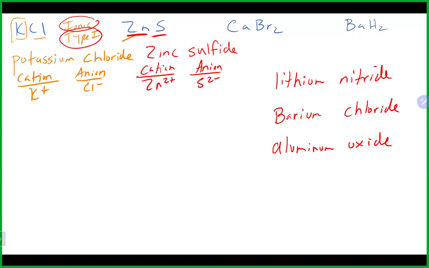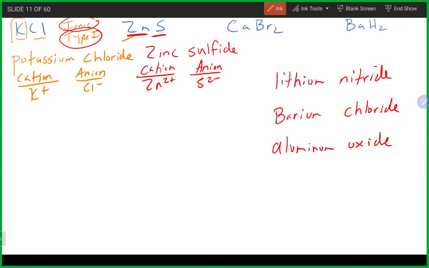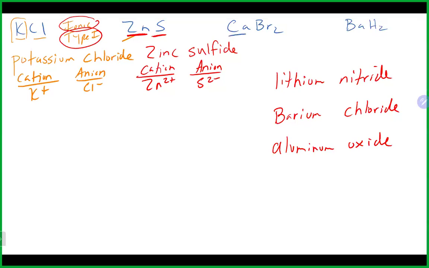Rolling to the next one, we have calcium, which is a metal. We have Br, which is a nonmetal. So once again, that tells us it's ionic. The calcium, which is the important part of that, that's the metal, is group number 2, means it has a fixed positive charge. So that tells us it's type 1. So we'll roll with the whole name here of our metal, which is calcium.